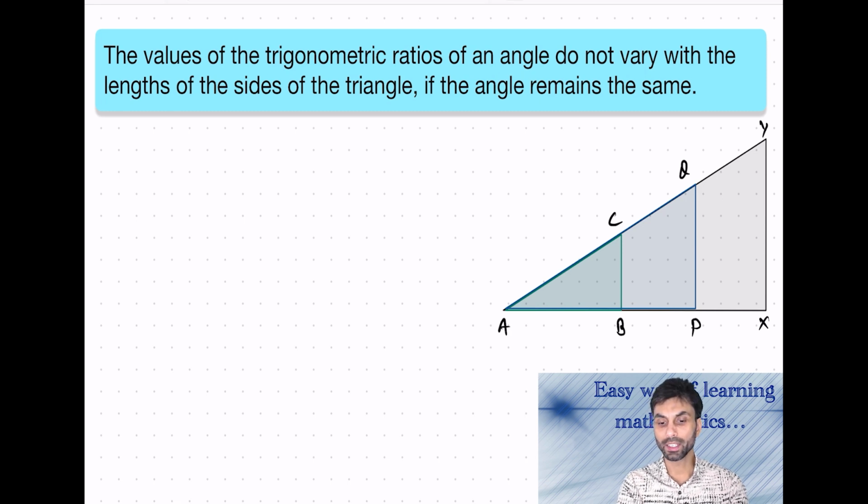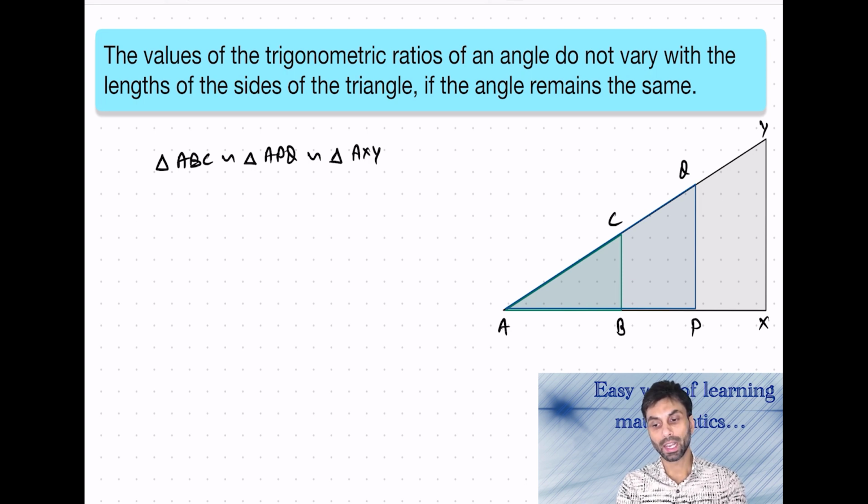What we observe here is the triangle ABC is similar to triangle APQ is similar to triangle AXY. And if you talk with respect to angle A here, we can write sine of an angle A as BC upon AC.